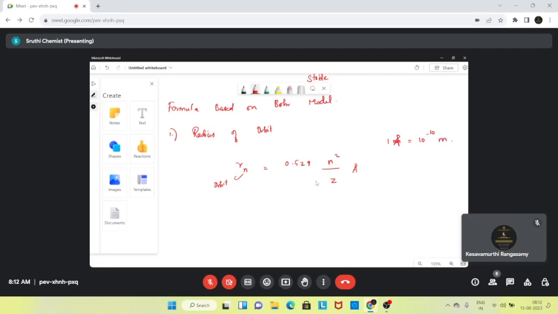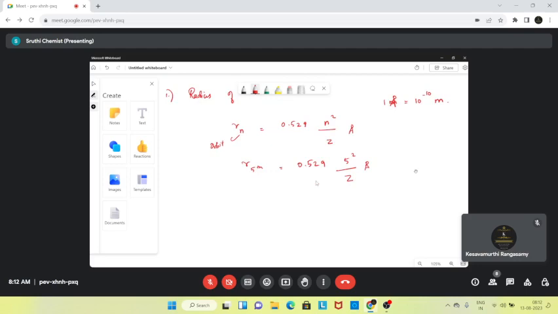So the radius of the nth orbit can be calculated like this. For example, for the fifth orbit, R fifth is equal to 0.529 × 5² divided by Z angstrom, which is the unit of radius of the orbit. So this is the formula you can use for radius.